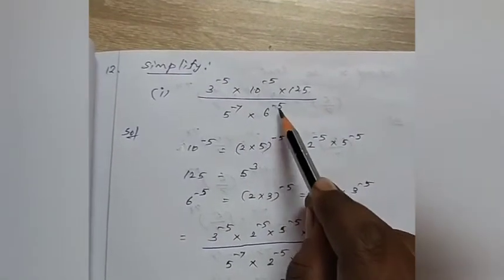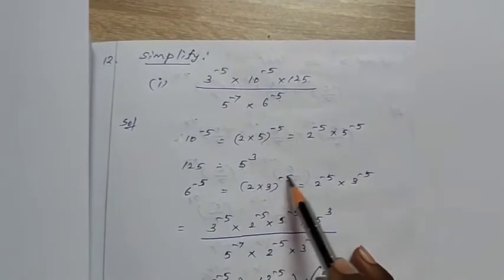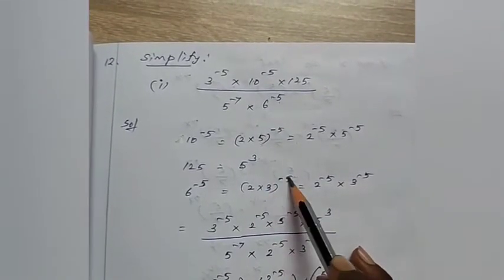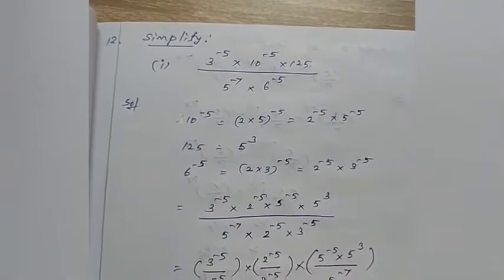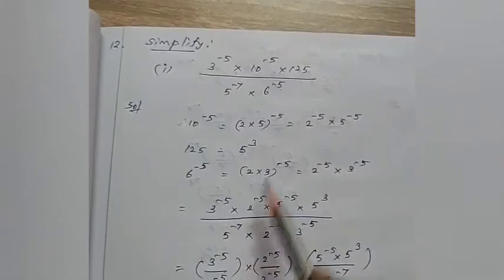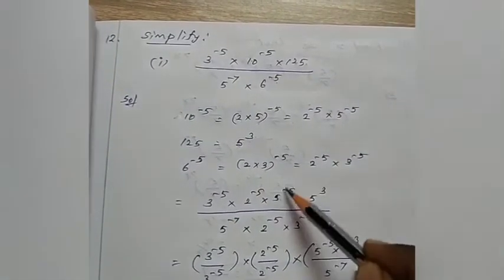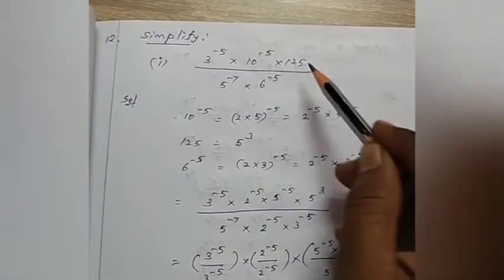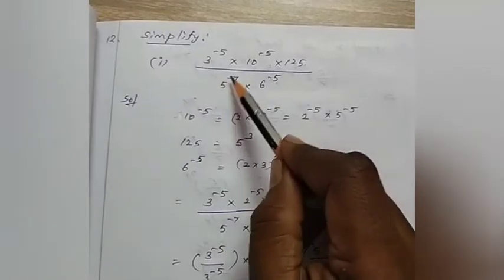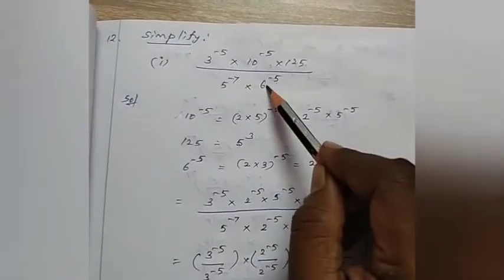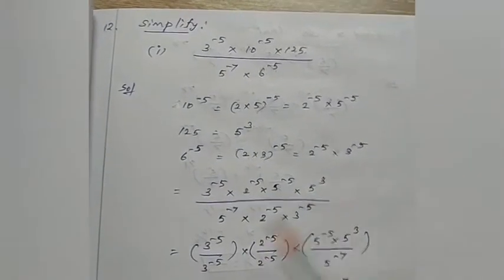The next one is 6 power minus 5. So 6 power minus 5 we write (2 into 3) the whole power minus 5, so 2 power minus 5 into 3 power minus 5. Now we have to simplify. So 3 power minus 5 into 10 power minus 5, we write 2 power minus 5 into 5 power minus 5, into 125, we write 5 power 3, then whole divided by 5 power minus 7 into 6 power minus 5, we write 2 power minus 5 into 3 power minus 5.